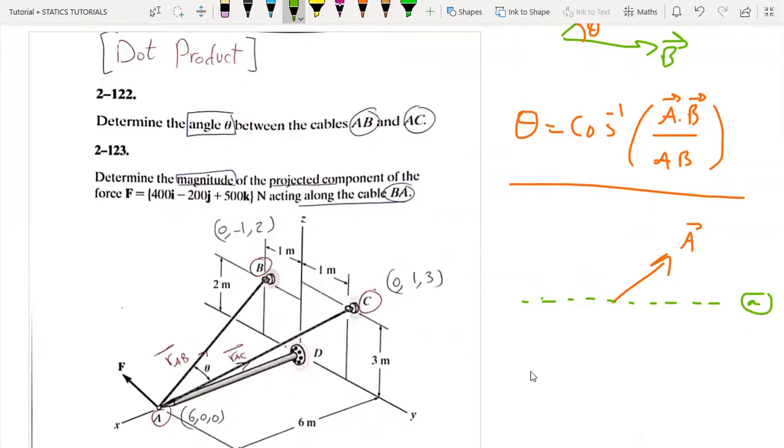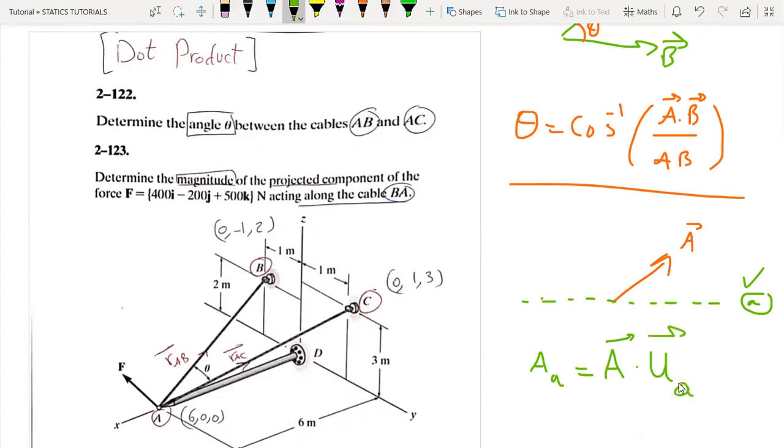We can simply say the magnitude of the vector A along the A axis will be equal to the dot product between the vector A and the unit vector of this axis.